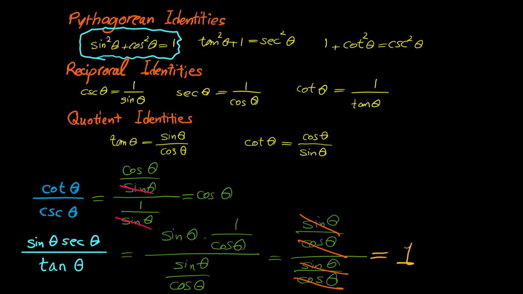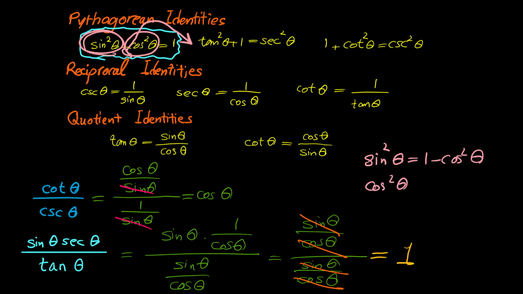We have this identity that sine to the 2 plus cosine to the 2 is 1. Keep sine to the 2 on the left and move cosine to the 2 to the other side. Then you have this identity. Sine to the 2 can always be written as 1 minus cosine to the 2. And cosine to the 2 can be written as 1 minus sine to the 2.